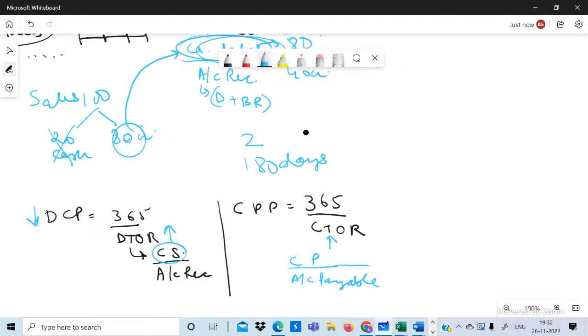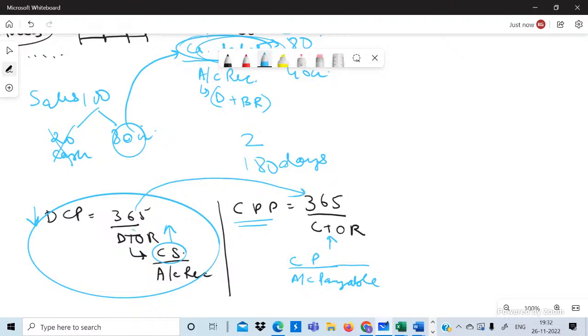Okay, Abid, you're saying creditors turnover. Again, if you've understood debtors, the same logic is there for creditors. So if I want to calculate creditors payment period, I'll take 365 as it is. Then instead of debtors turnover ratio, I'll move to creditors turnover ratio.